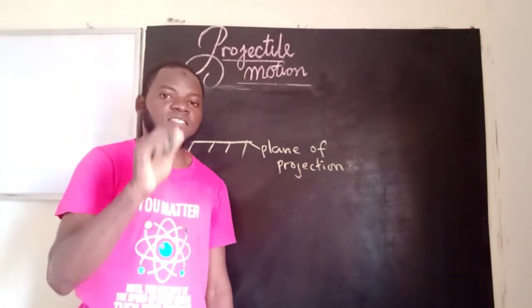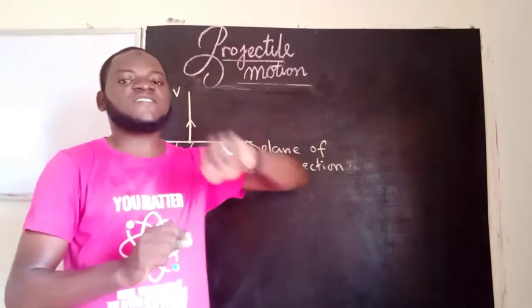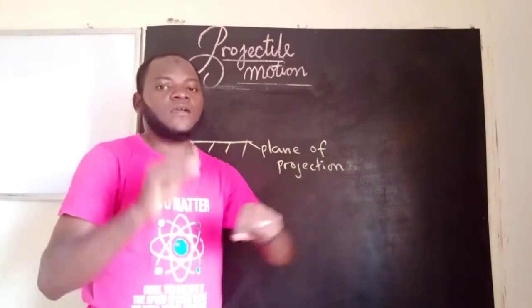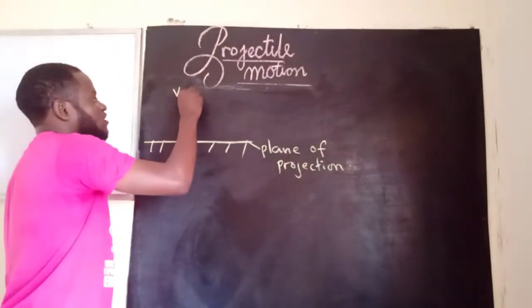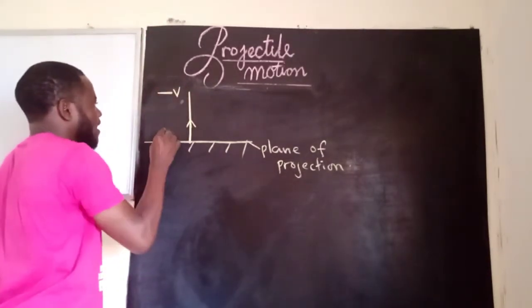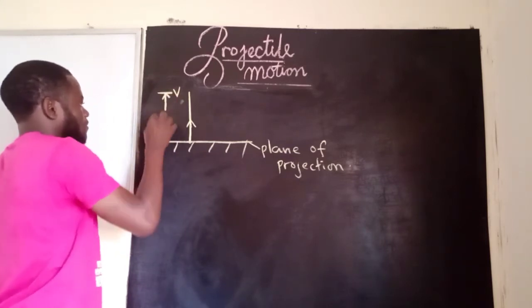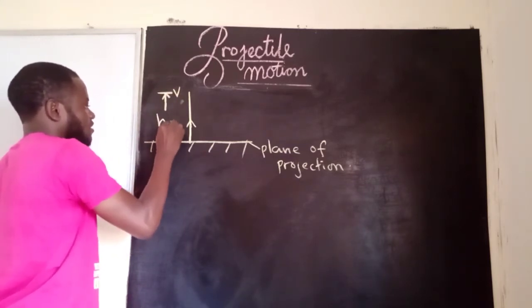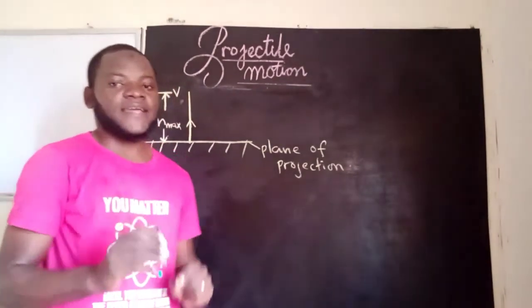The velocity will be reducing until it gets to zero. When the velocity gets to zero, that point at which the velocity becomes zero is called the maximum height.